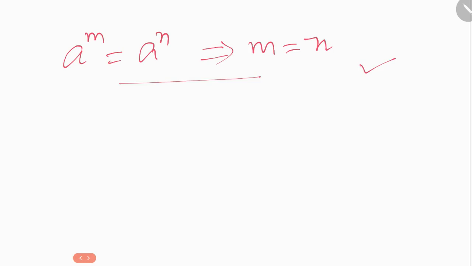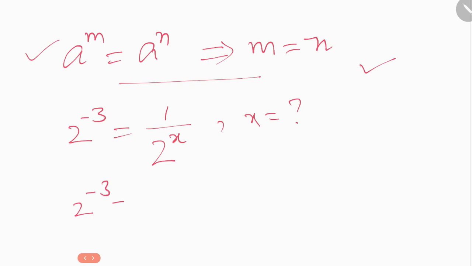For example, if I take 2 power minus 3 is equal to 1 by 2 power x. The question is: find the x value. Now we can easily solve it by using the given law. 2 power minus 3 is equal to 1 by 2 power x, how can we write this? 2 power minus x.